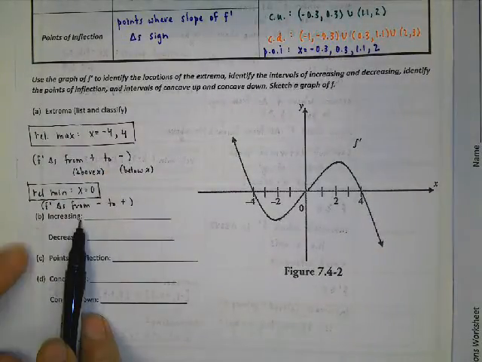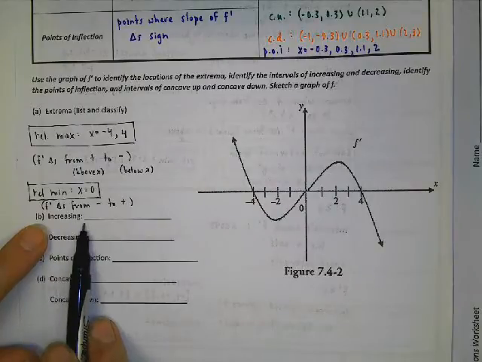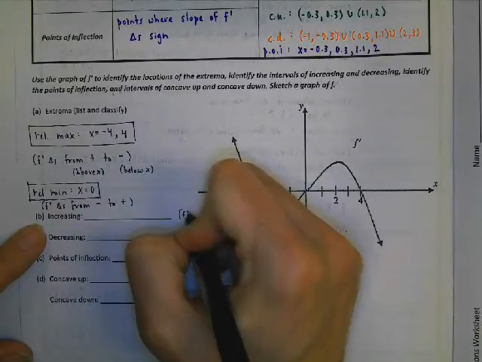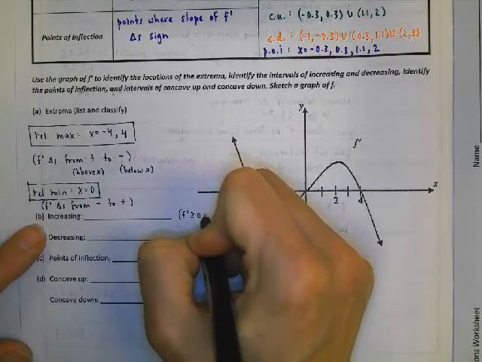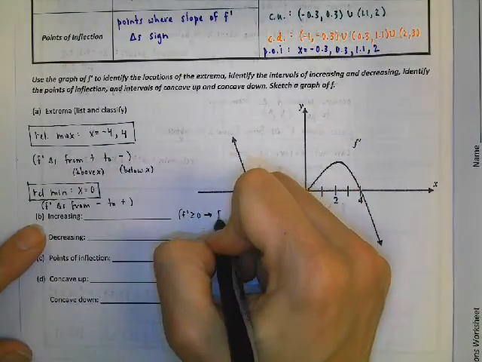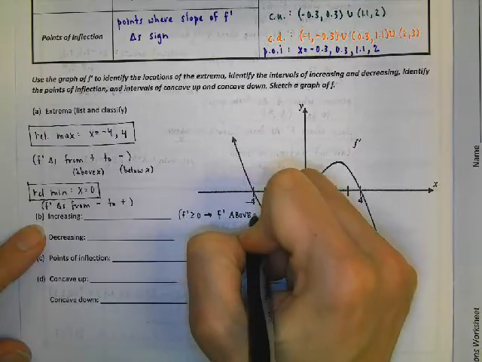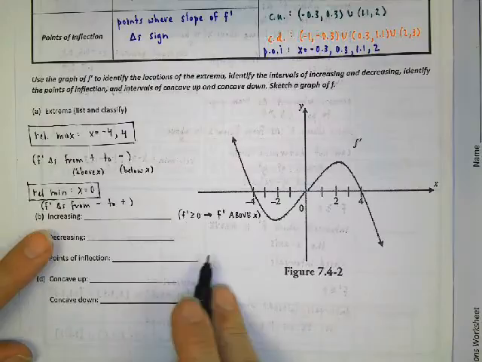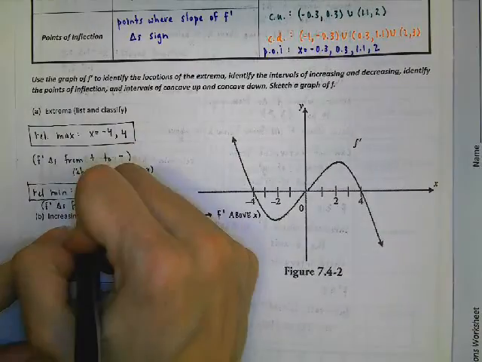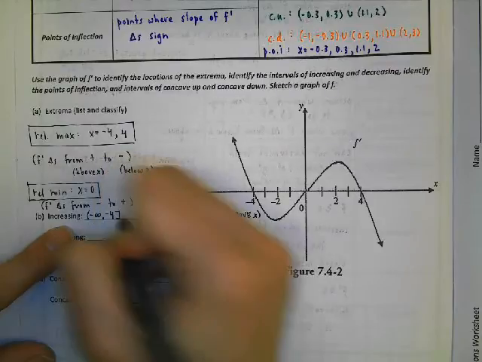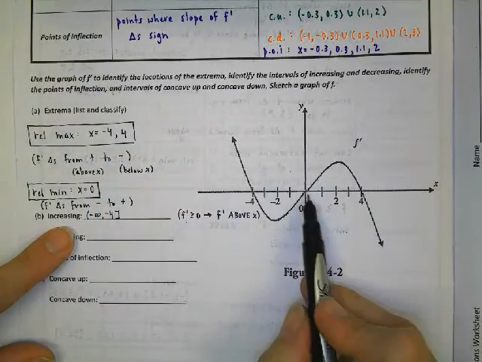Now, intervals of increasing. We said we're increasing where f prime is greater than 0. So that means we're looking for where f prime is above the x-axis. So we're going to be from negative infinity to -4. We're above the x-axis.